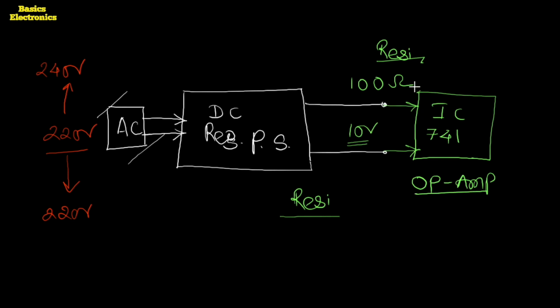The input resistance of the IC 741 is much higher than 100 ohms. Suppose its resistance is 10 kilo ohm. Now, due to the change in resistance, the current also changes, and due to the change in current, the voltage drop between these two terminals gets changed.